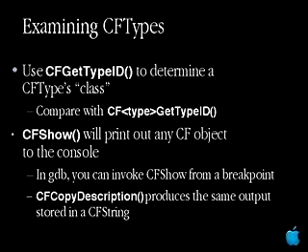CF show will print out any CF object to the console or wherever standard out happens to be. In GDB, you can invoke CF show directly from within a breakpoint. It's very useful for looking at what exactly has gotten into your string. If you would rather get that information into memory, use CF copy description, and it will give you exactly the same output, but stored in a CF string so that you can, if you want, write it to file, look at it later, whatever.